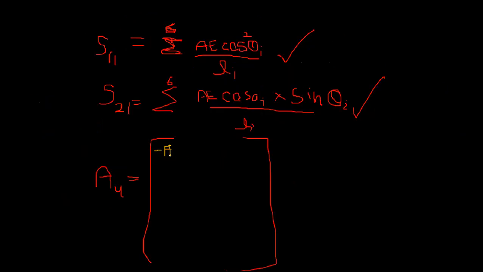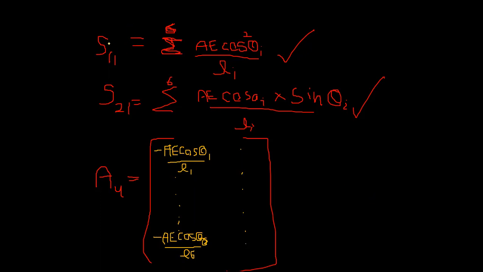So F is AE cos theta 1 over L1, which brings you to the final sixth member, AE cos theta 6 over L6, right? So this can be done by the second step.